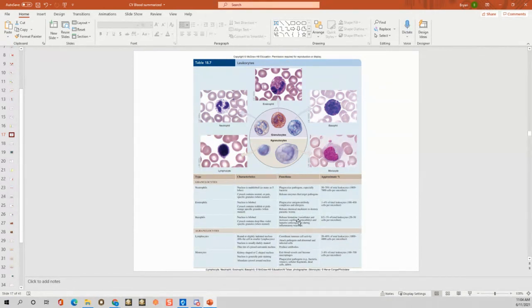Basophils, their function has to do with inflammation. And they release histamine. You guys have ever taken an antihistamine, you know that it fights inflammation. Well, perfect. Basophils are all about inflammatory reactions. And so if somebody comes in and their basophil count is like 2%, that's a big number, you know they're having some sort of inflammatory reaction.